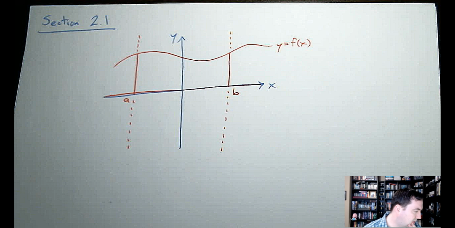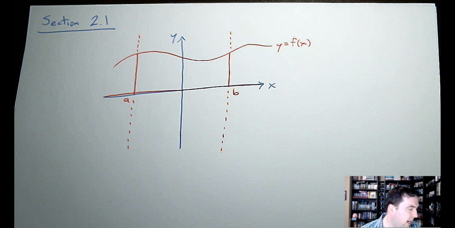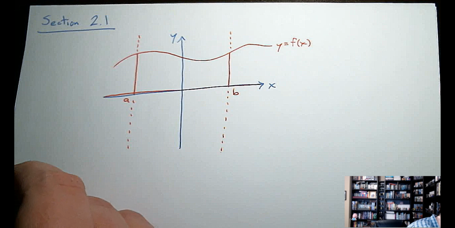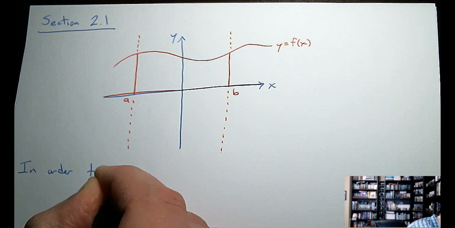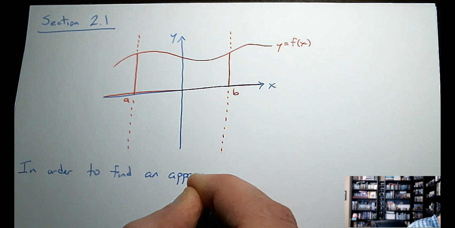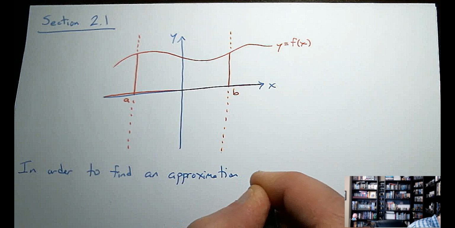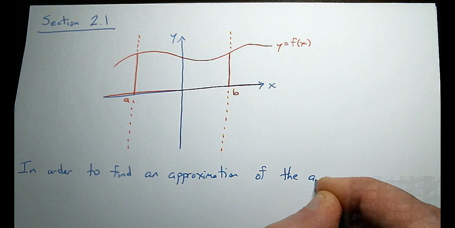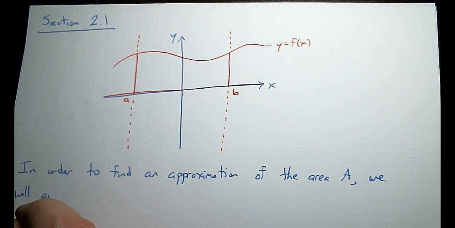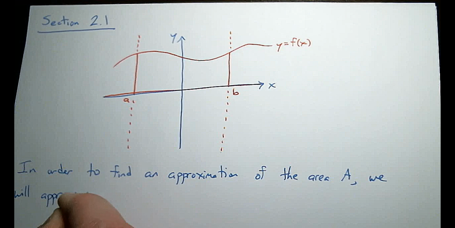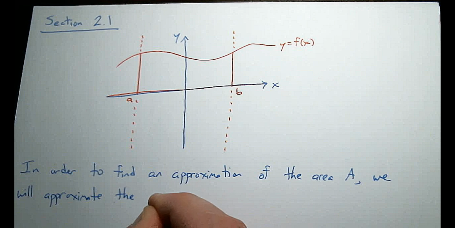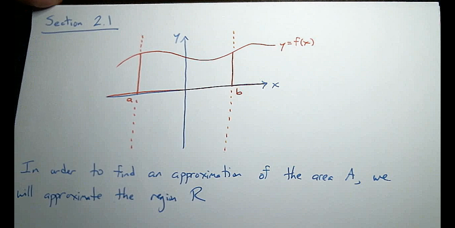All right, so let's draw a bunch of rectangles here to try to approximate this region. So in order to find not the area A, but an approximation of the area A, we will in turn approximate the region R with a number of rectangles.